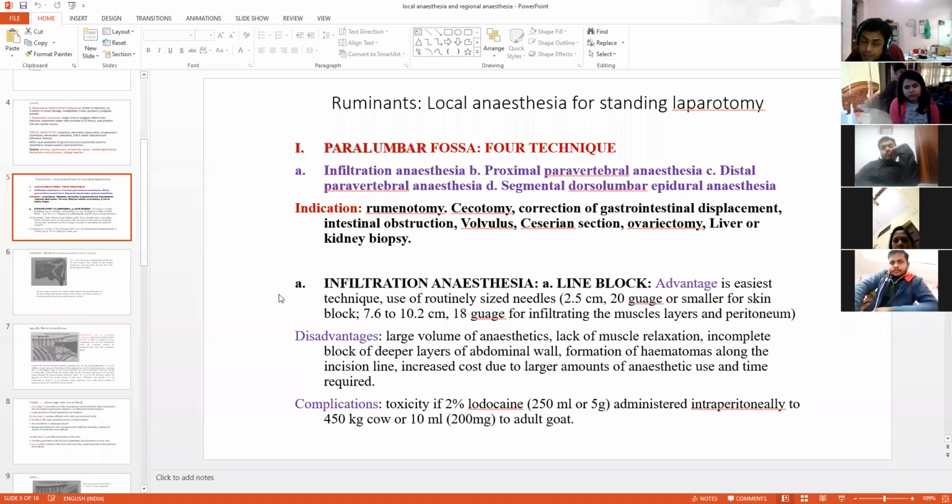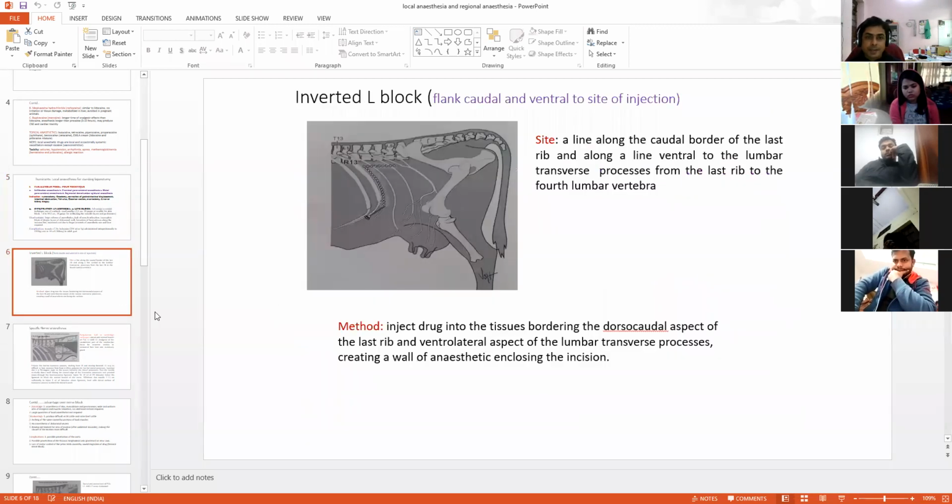The dose is 250 ml or 5 gram administered to a 450 kg cow, or 10 ml, 200 mg to an adult goat. This is the safest amount which can be used. If you go beyond this, then definitely toxicity will be noticed.